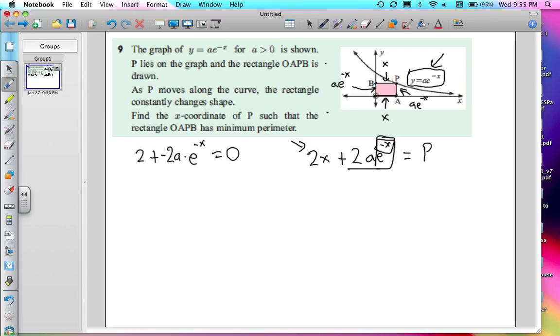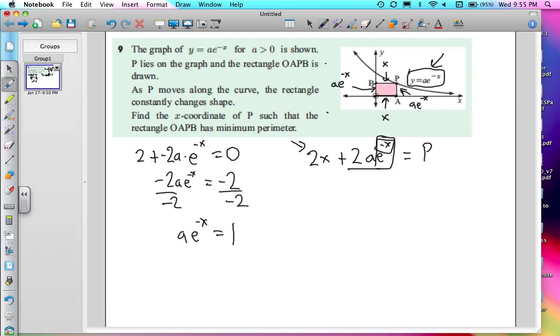Now we can solve. So we subtract 2 from both sides. We have negative 2a e to the negative x equals negative 2. Divide both sides by negative 2, and you have a times e to the negative x equal to 1.